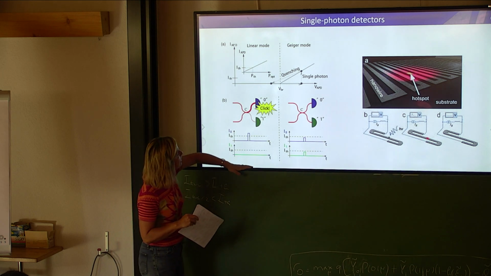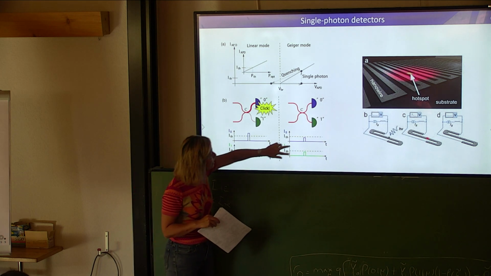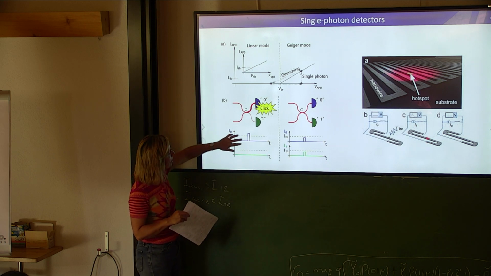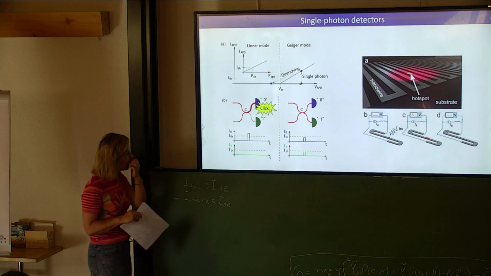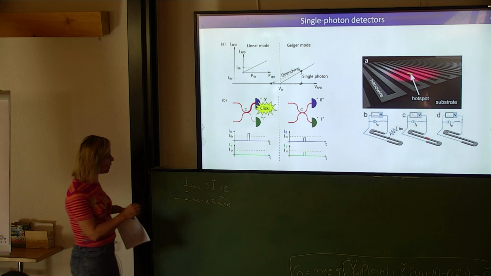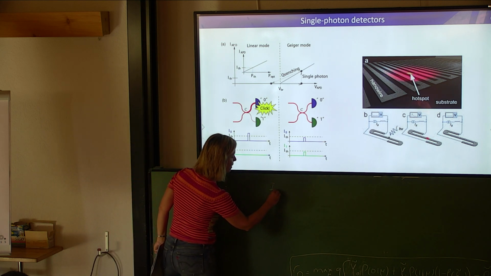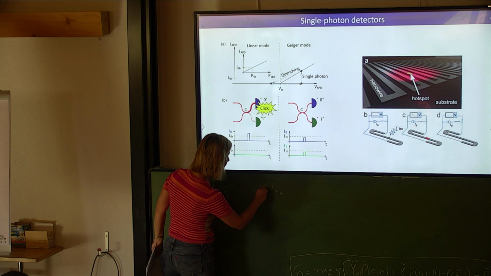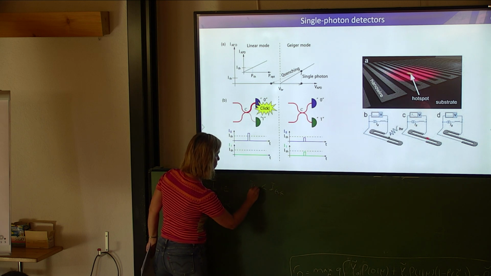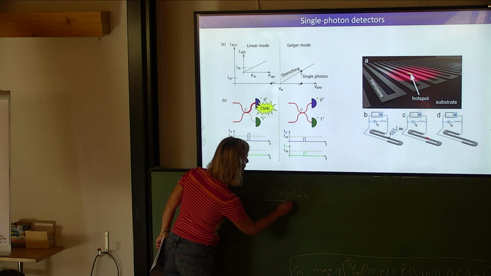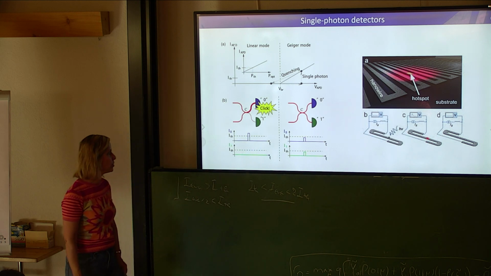In that case, when it's smaller, it doesn't create an avalanche effect, while when it's bigger than the threshold, it goes to a single detector. So if the current that Eve creates is bigger than the threshold but smaller than twice the threshold of the device, this condition is met.